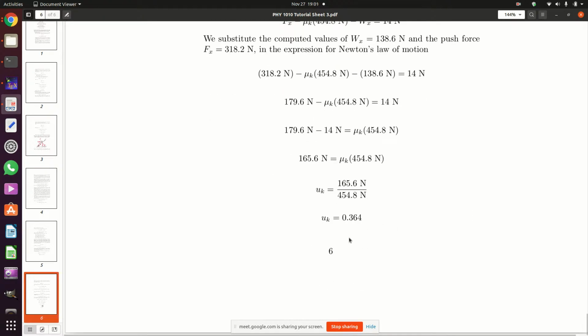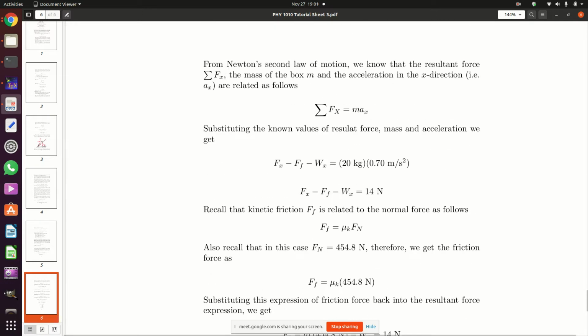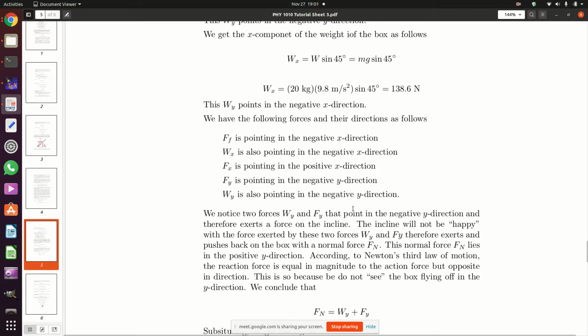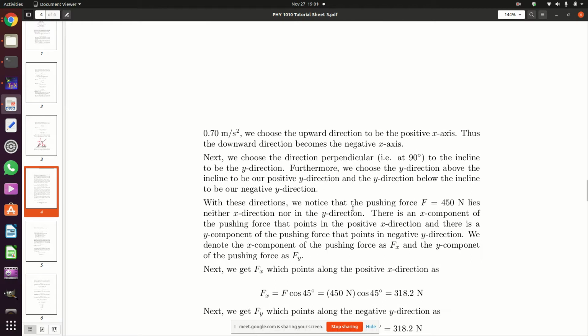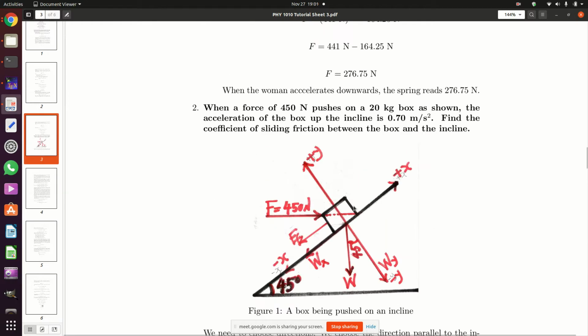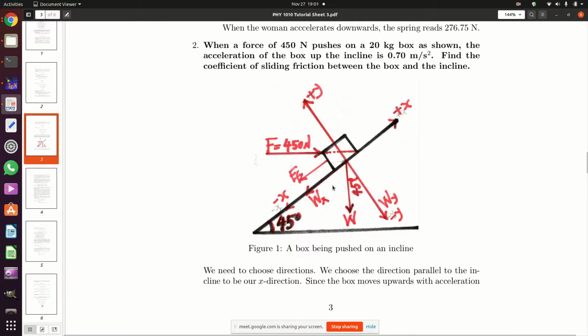So, what exactly did we do, and how did we do this? We started like you're supposed to do when you're looking at an incline problem. The first thing we did is choose directions. Normally we choose the direction parallel to the incline to be our x direction.